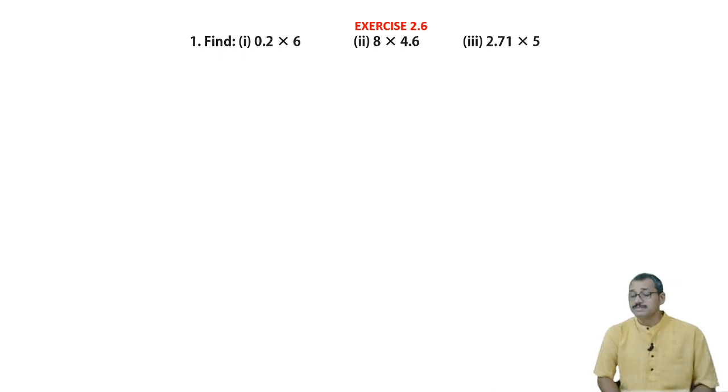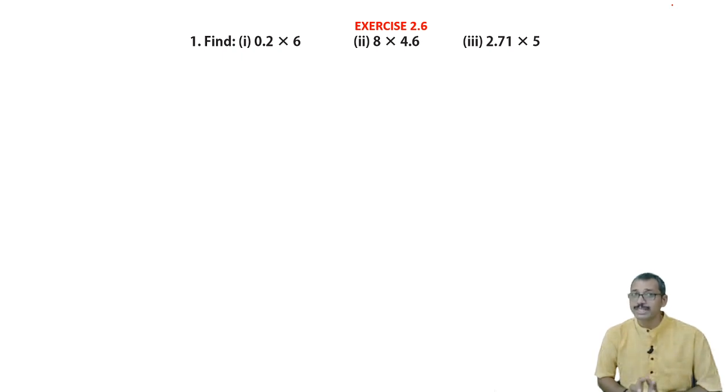The first one is to find 0.2 into 6. Here 0.2 is a decimal and 6 is an integer. So how to multiply it?